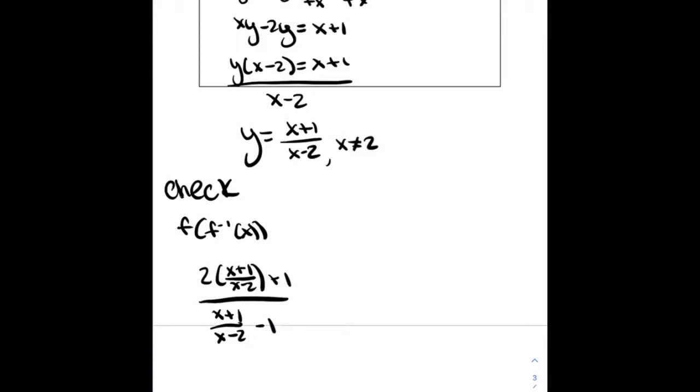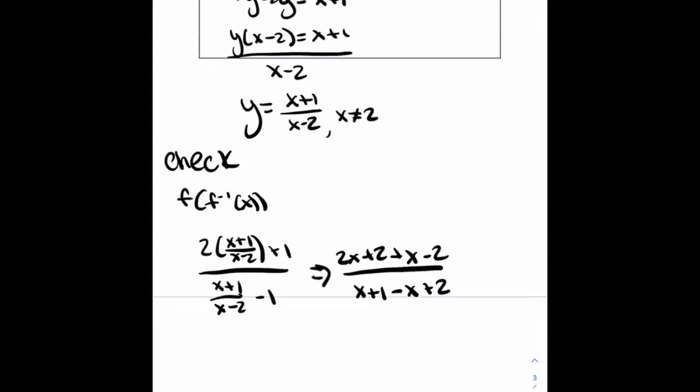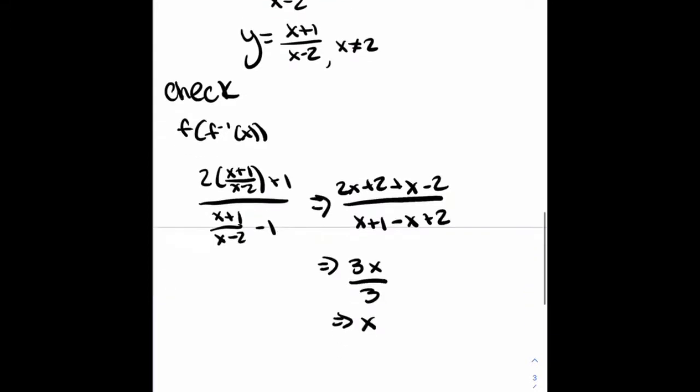If we expand this out, we would get 2x plus 2 plus x minus 2 over x plus 1 minus x plus 2. And if we simplify this, we should get 3x over 3, which just simplifies to x.